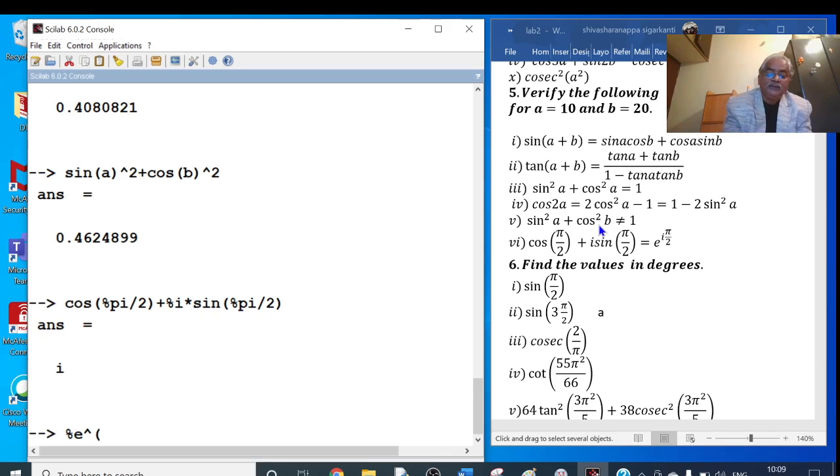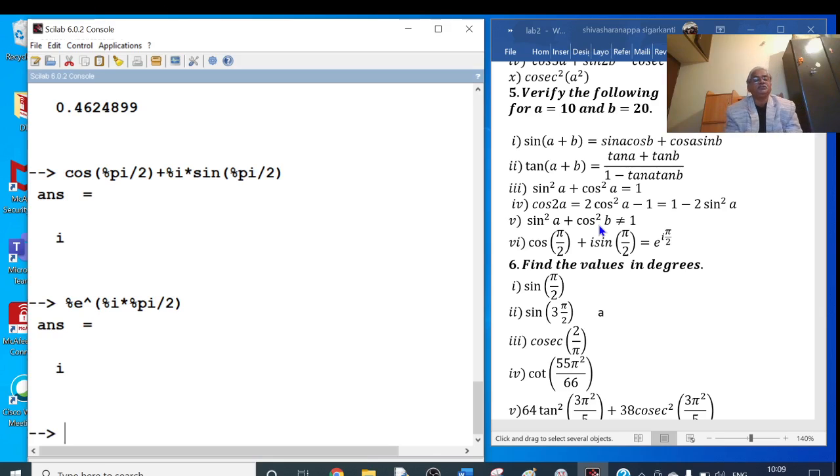I have to write this as percent i into, that is star, pi by 2, again percent pi by 2. Bracket close. This is e to the power of i pi by 2. Press the enter button. I am getting this is equal to i. Therefore, this is also verified.